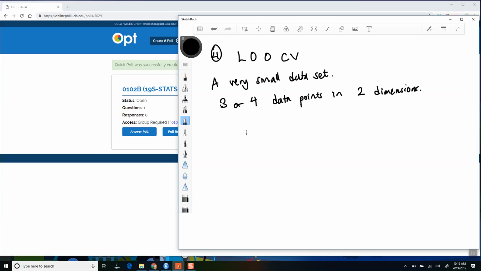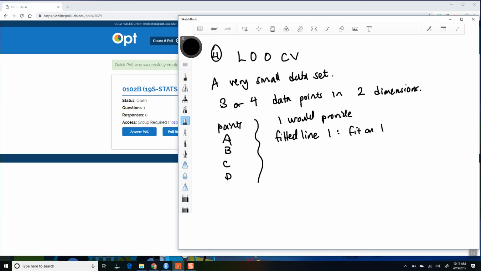So, I'm thinking about this, okay? If you have points A, B, C, and D, then I would provide fitted line 1, which will be fit on BCD, fitted line 2, fit on ACD, etc., to fitted line 4.